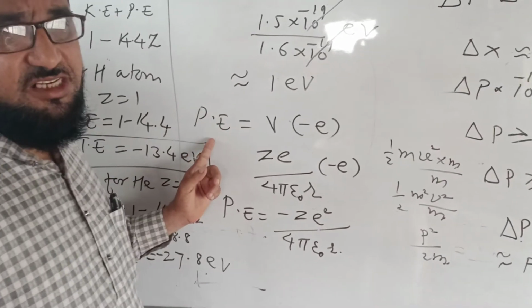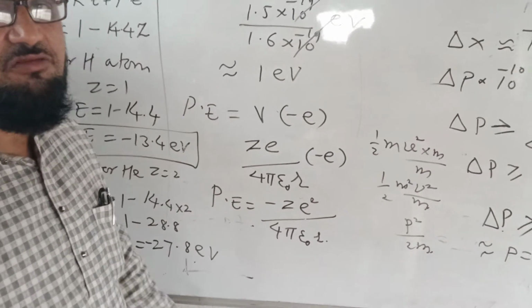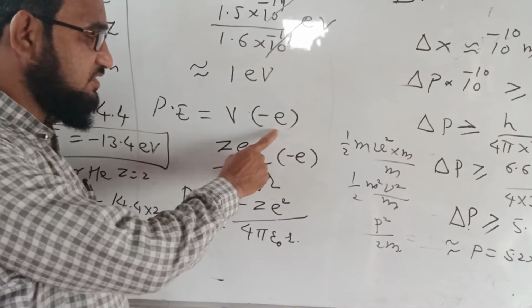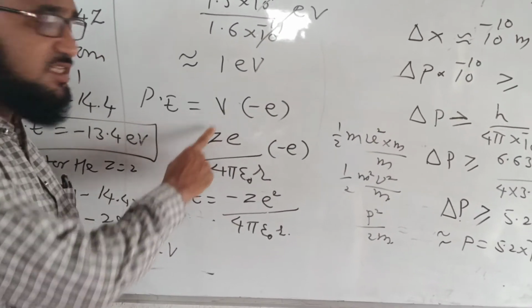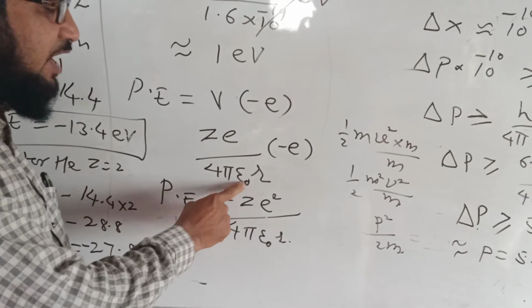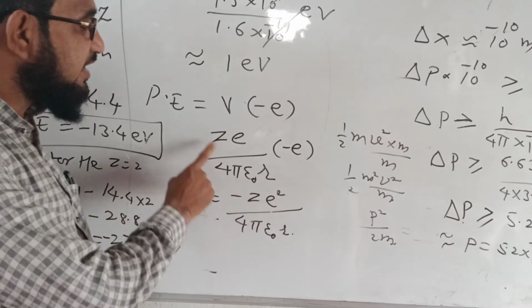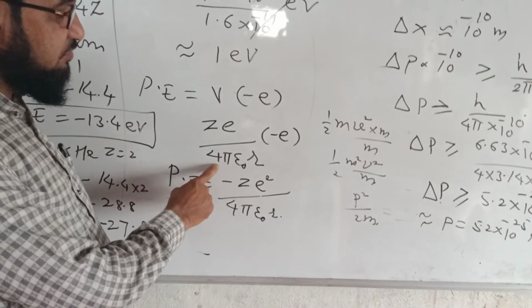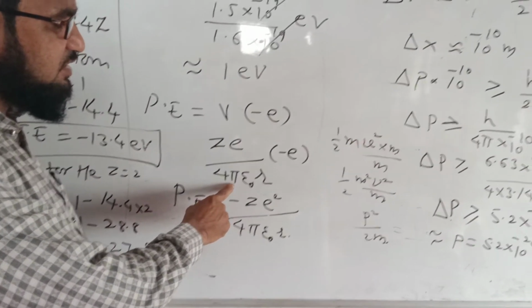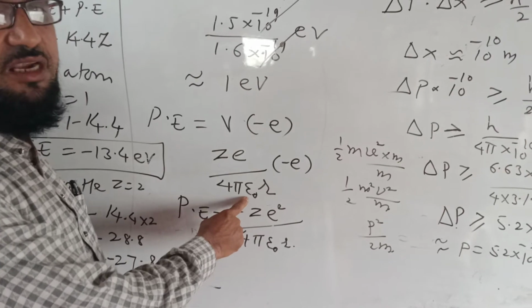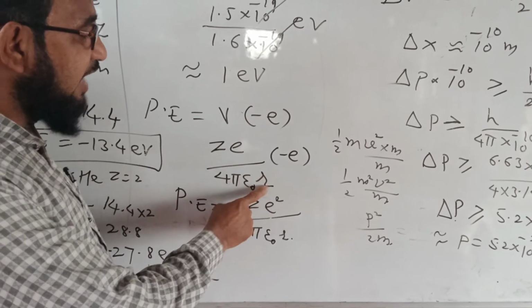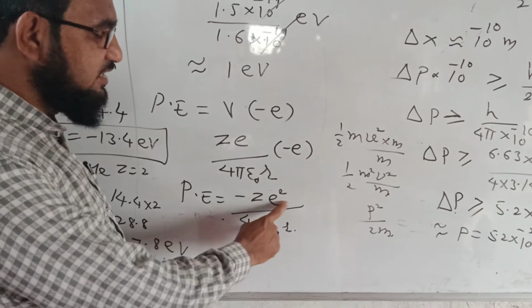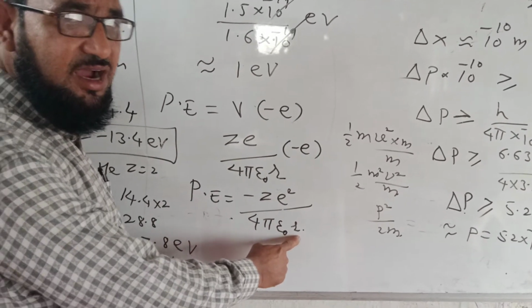Now the potential energy. Potential energy can be calculated using the electric potential multiplied by the charge. Electric potential is given by Ze upon 4 pi epsilon 0 r, where Z is the atomic number, e is the charge, pi is 3.14, epsilon 0 is 8.85 into 10 to power minus 12, and r is the distance. So the potential energy is equal to minus Ze square upon 4 pi epsilon 0 r.